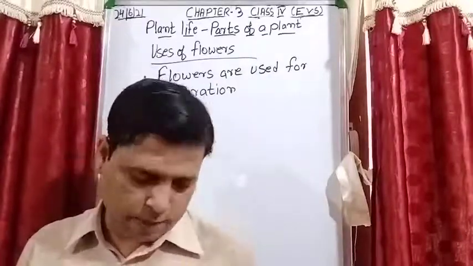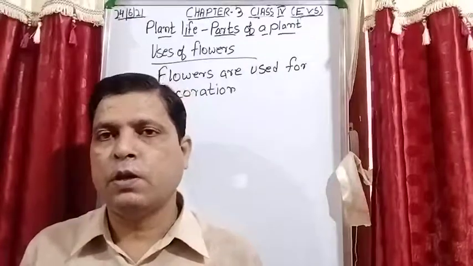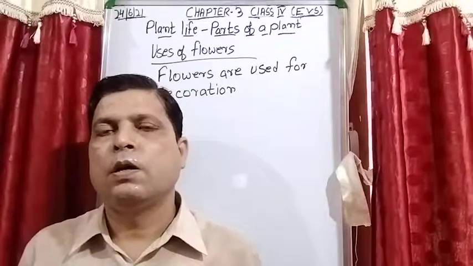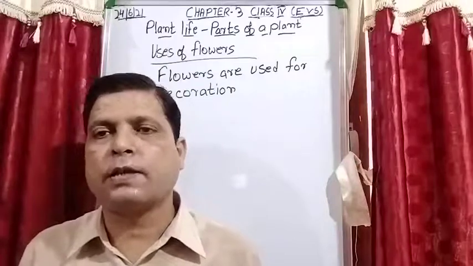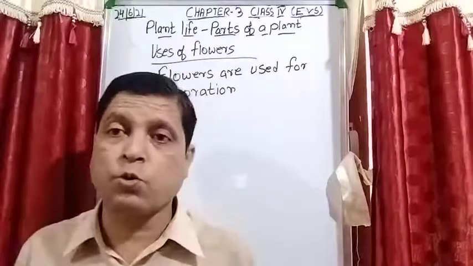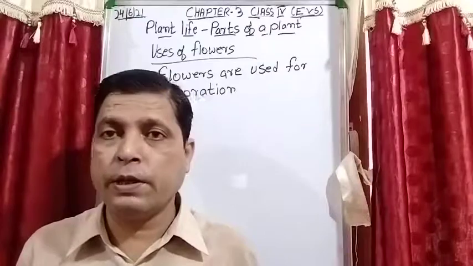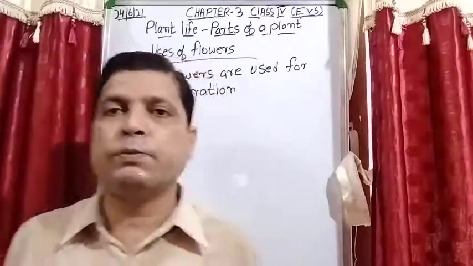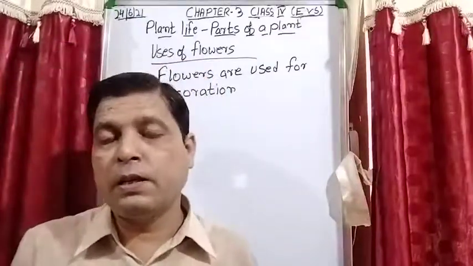And in the same manner, when we talk about the leaves, some leaves also store extra food in them. For example, we eat the leaves of the cabbage, coriander, mint.